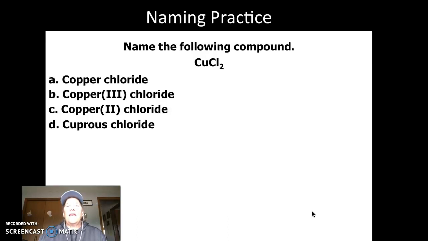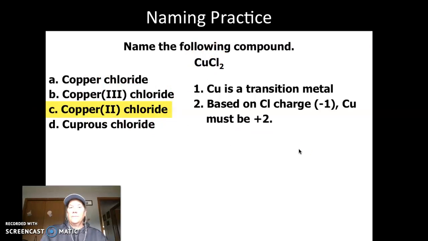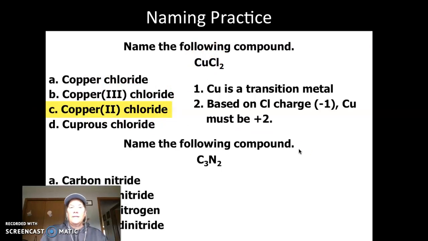This is one where we have more than one oxidation. Copper can be 1 or 2, so we've got to figure out which one it is. Chlorine's -1, and I've got a 2 here, so it's -2. So this side would be +2. So it'd be copper(II) chloride. Name this one, C3N2.